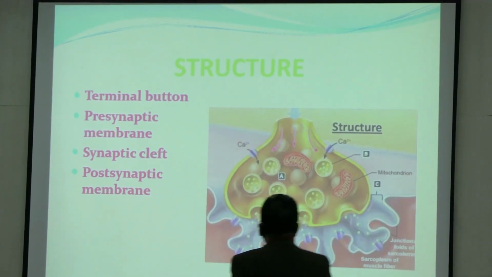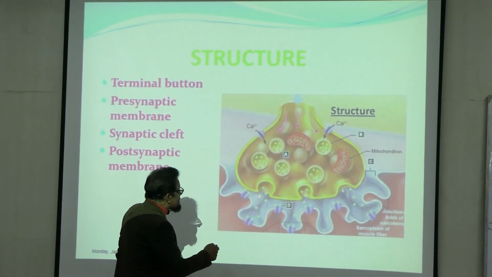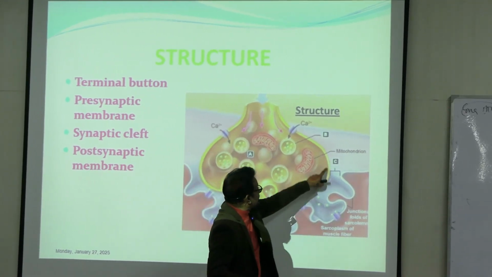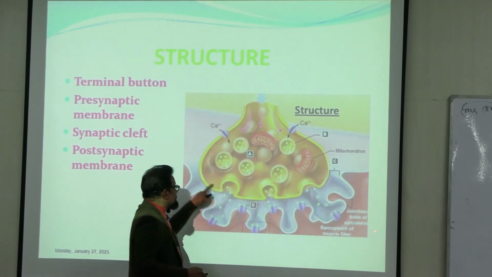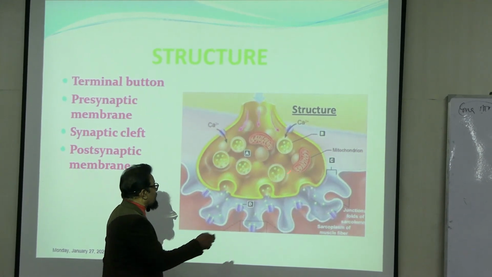So these are the synaptic vesicles, and this is the presynaptic membrane. This presynaptic membrane is very different from this.